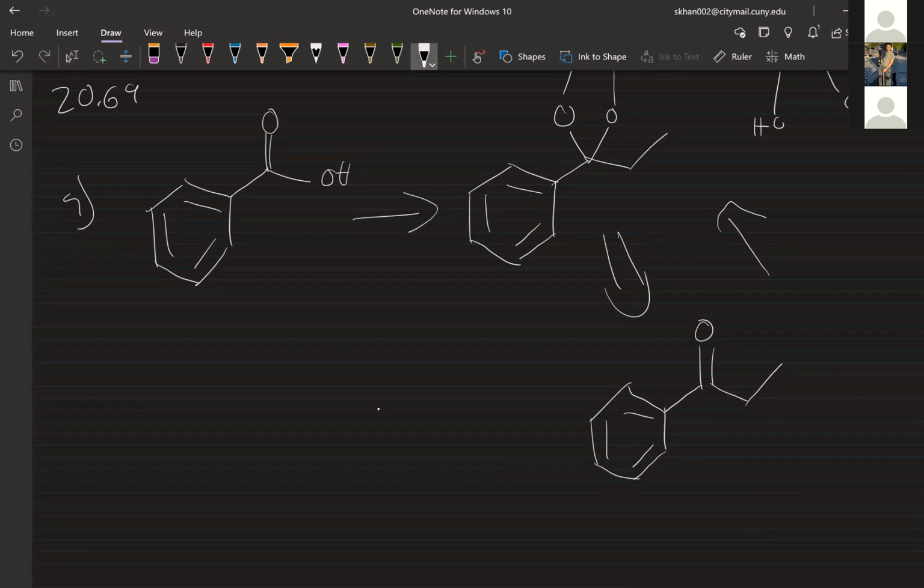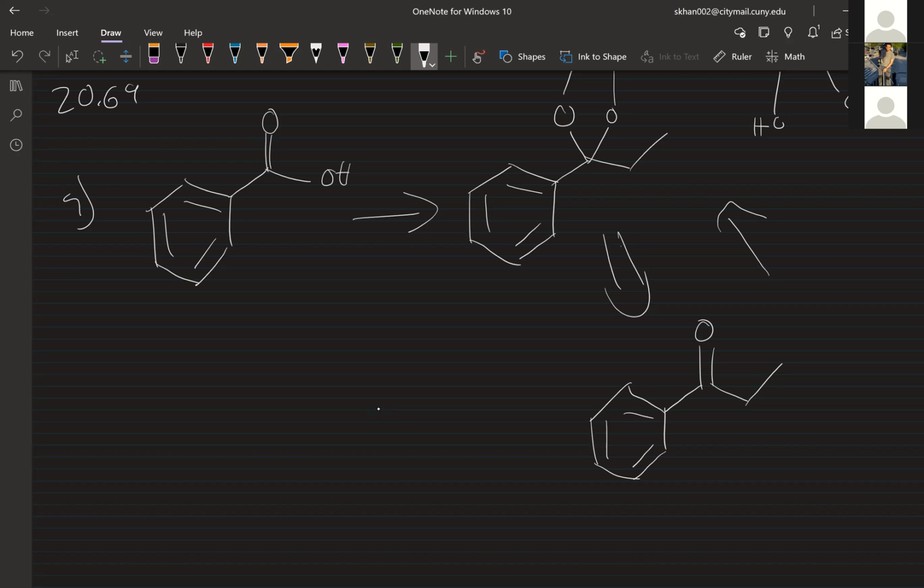So we could say that from the first step, we can make an acid anhydride or acyl chloride. Generally for these questions, I would suggest minimizing the steps as much as possible. It doesn't matter if you use an acid anhydride or whatever.